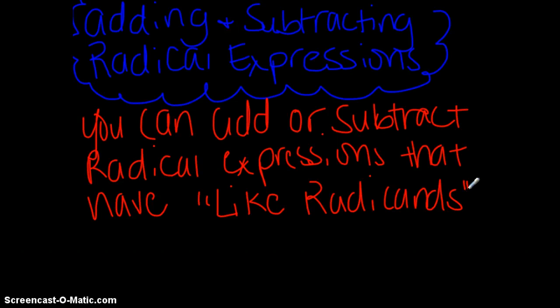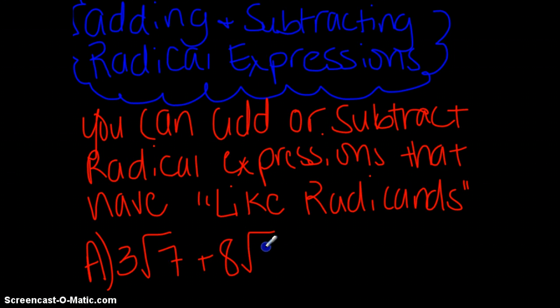So we're going to work our way through a couple examples and you're going to figure out that these are super, super easy. So for example, example A. If we had 3 root 7 and we added 8 root 7, the radicands are the same. The radicands are both root 7.